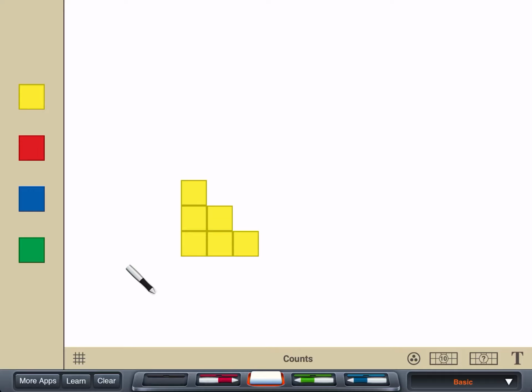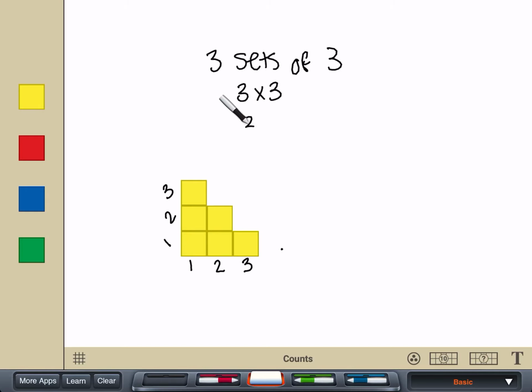Okay, how many do we have across the bottom? 1, 2, 3. And how many up? 1, 2, 3. So we're looking for 3 sets of 3, or 3 times 3, or 3 squared.